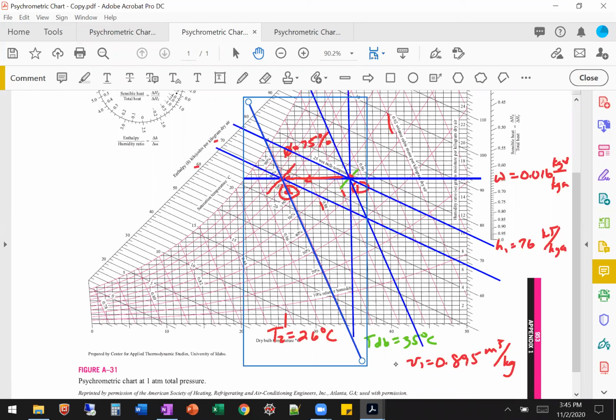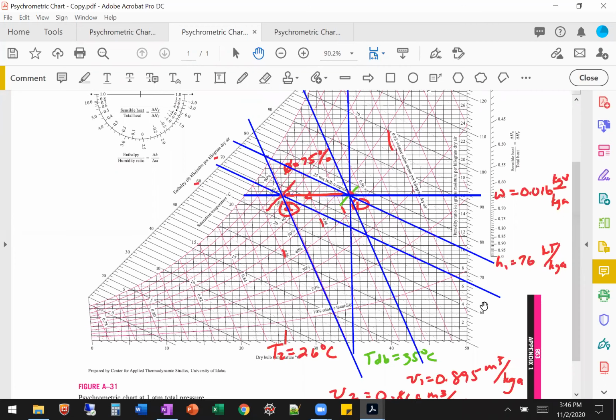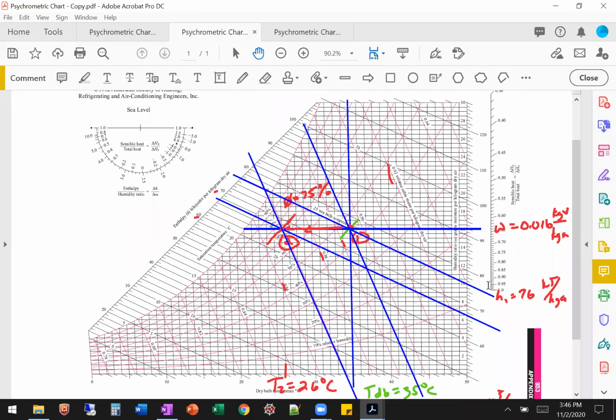Because you have 0.86 here, 0.88, and we're kind of right in between, but any of that's close enough. Okay. Any questions?